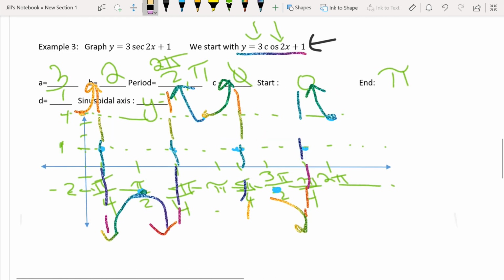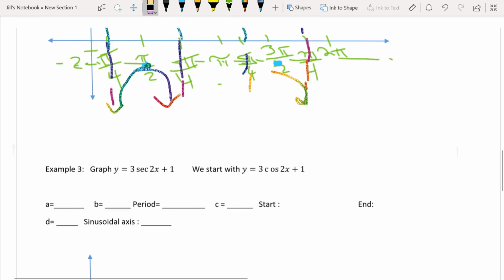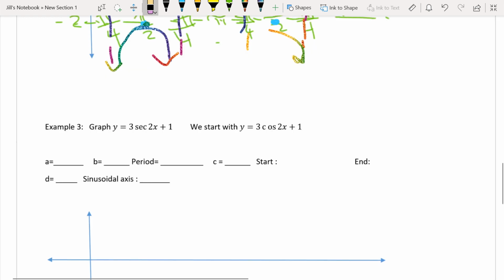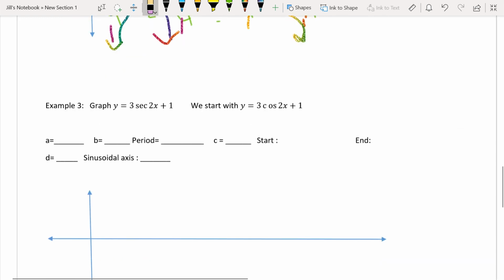Well, looky there. I messed up on the notes. We need to change these because I copied and pasted, but I forgot to change the equation. So we're going to change these equations.